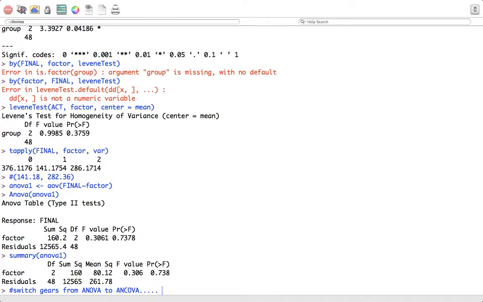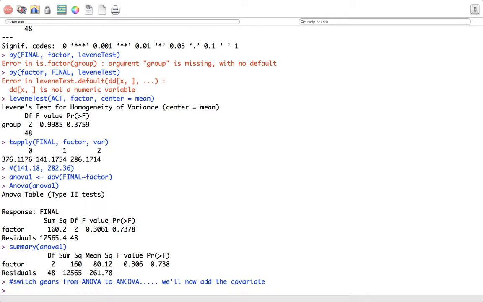And all this means is we'll now add the covariate. So we're now going to adjust the variation, or partial out the effect of the covariate, or control for the influence that ACT score may have on final exam score.